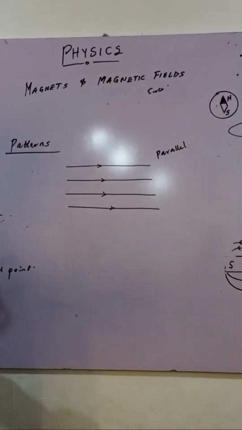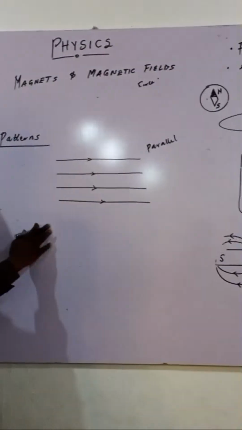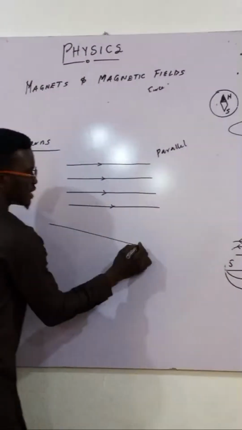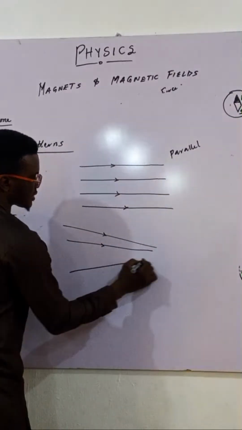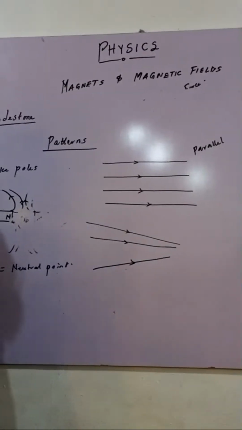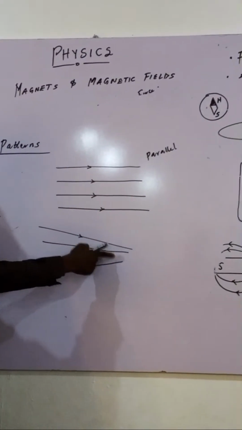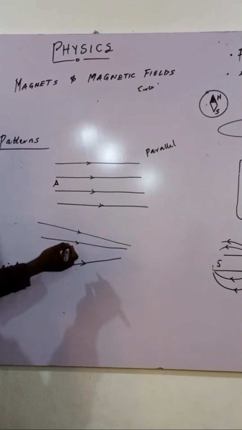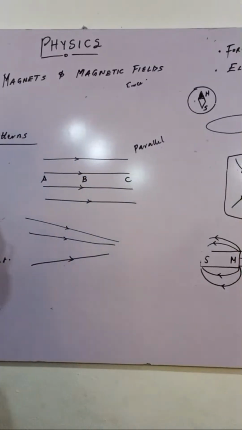The word uniform means it looks alike. But if one is going like this, one is going like this, and one is going like this, this field is not uniform. That means the strength here will be different from the strength here. But for the uniform one, the strength here is the same as the strength here, and the same as the strength here.